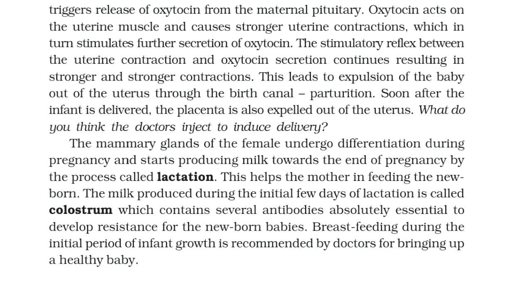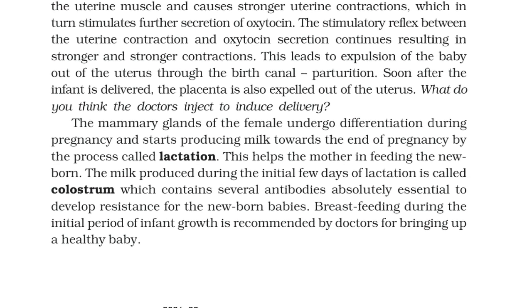The cyclic reflex between the uterine contraction and oxytocin secretion continues, resulting in stronger and stronger contraction. This leads to expulsion of the baby out of the uterus through the birth canal.